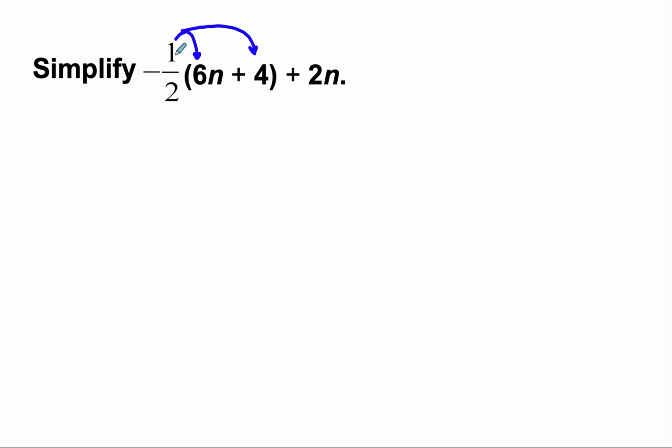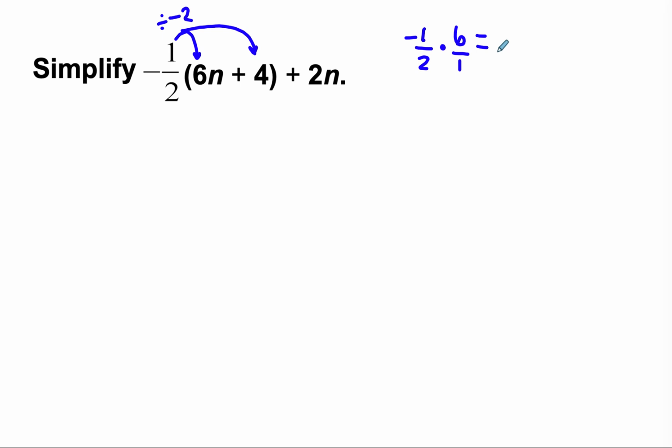I'm going to do my multiplication. Multiplying by 1/2 is like dividing by 2. I'm just going to write divided by, really that's negative, so it's like dividing by -2. But I'll show the multiplication off to the side just so you can kind of see why that works. Okay, -1/2 times 6n. So -1/2, if we're doing fraction multiplication, we need to change our whole number into an improper fraction.